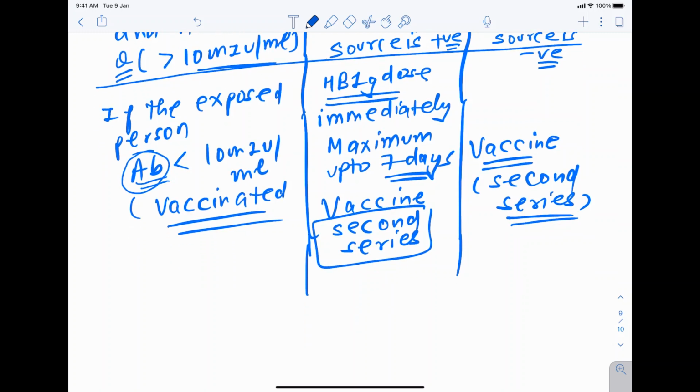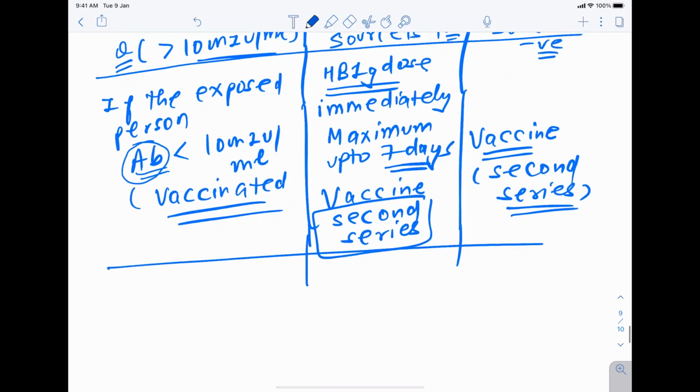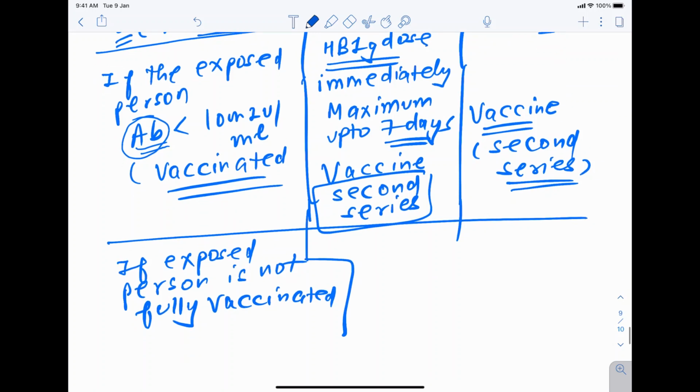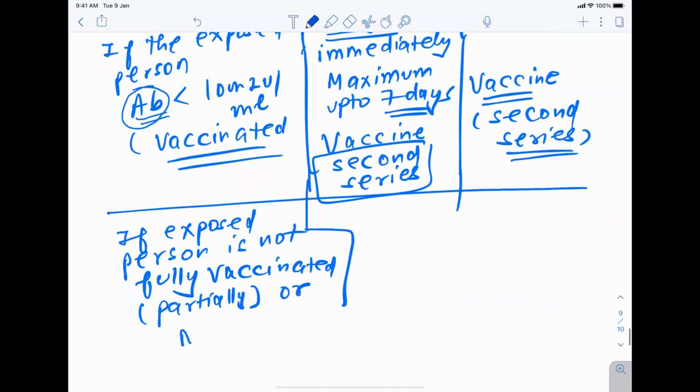Now the third condition is: if the exposed person is not fully vaccinated, meaning partially vaccinated or not vaccinated at all, this also is to be included in the third scenario.